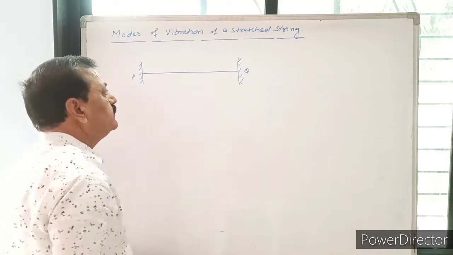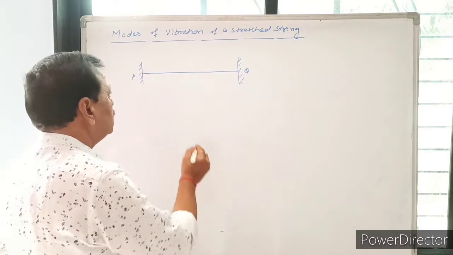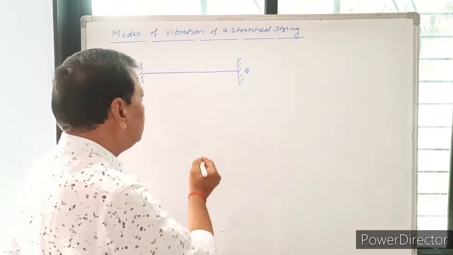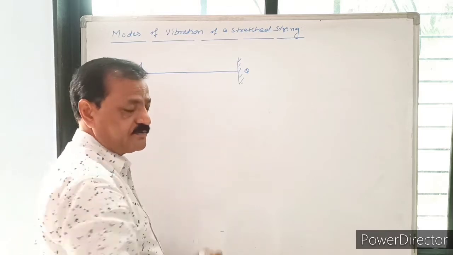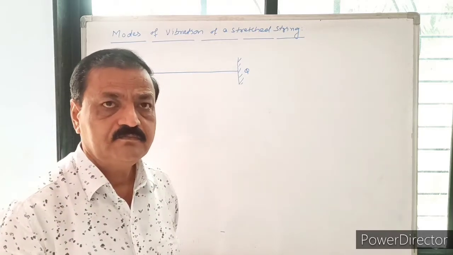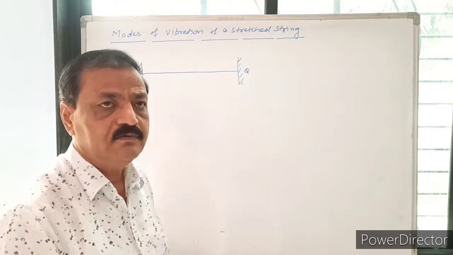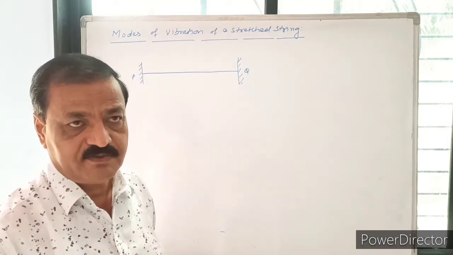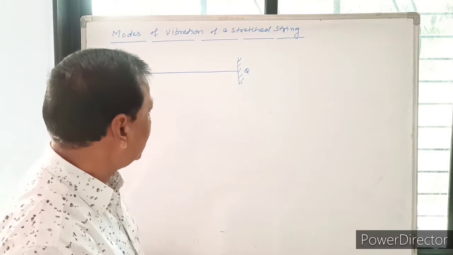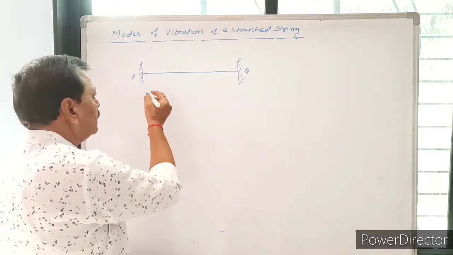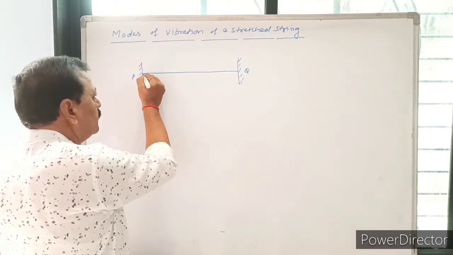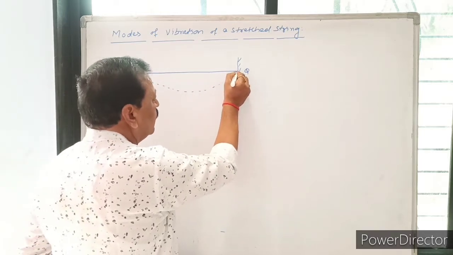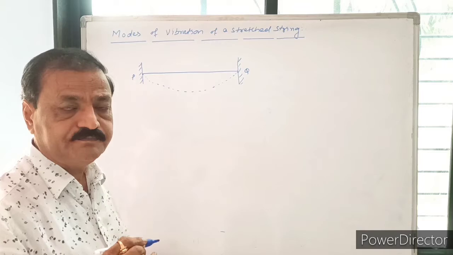Then this string will be plucked at the center, or pulled in the downward direction. At that time, one wave will be created.